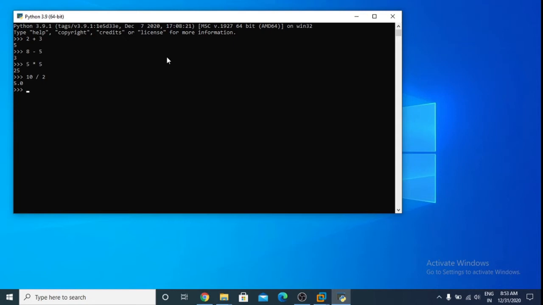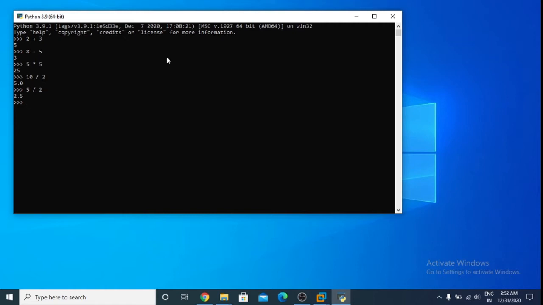So let's try any other number like 5 divided by 2. Okay, so it gives the exact value 2.5. So here 2 is the integer number and 0.5 is the float value.